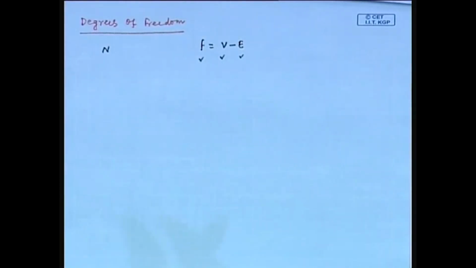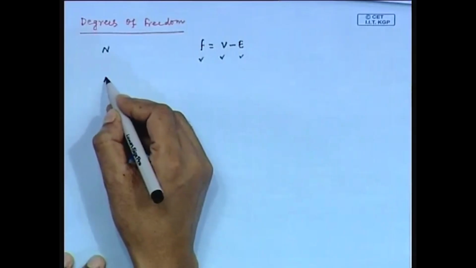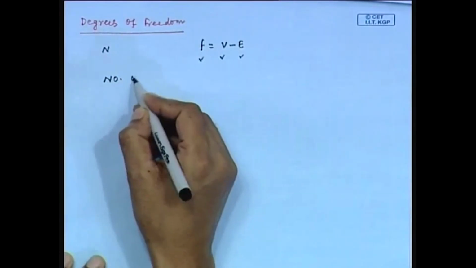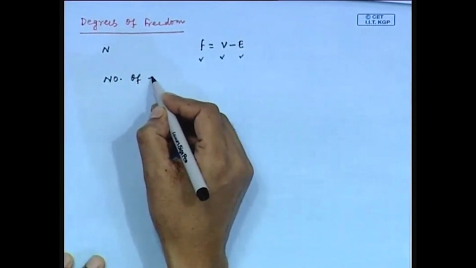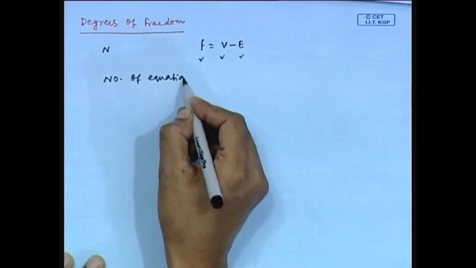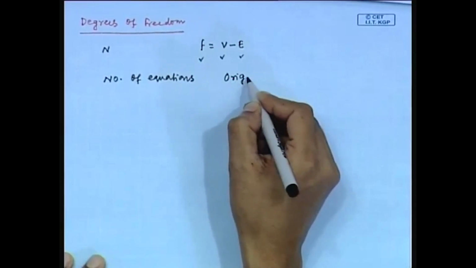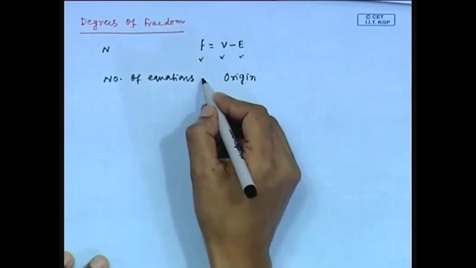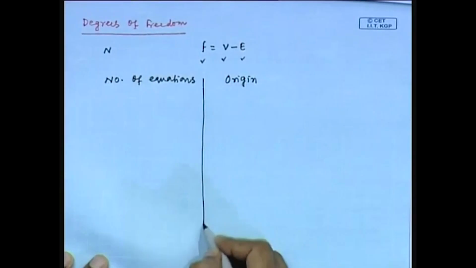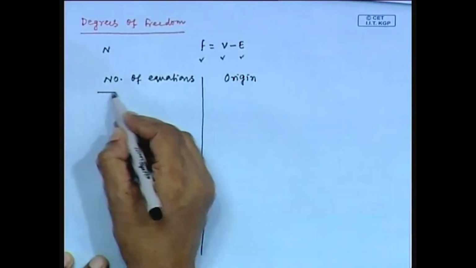So, to calculate the degrees of freedom, we need to find both V and E for the example distillation column. So, first we will go for the number of equations and the origin of those equations. We will first discuss this part.